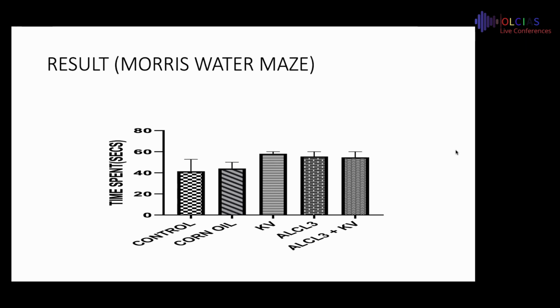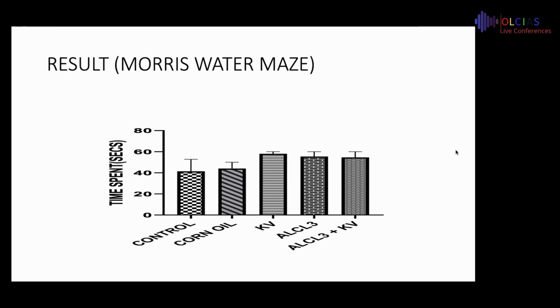That tells us that the memory processing ability is still there and the hippocampus function is still working fine. But the aluminum chloride group, compared to the control group, located the escape platform at a longer time. That tells us that the memory function is being lost gradually.